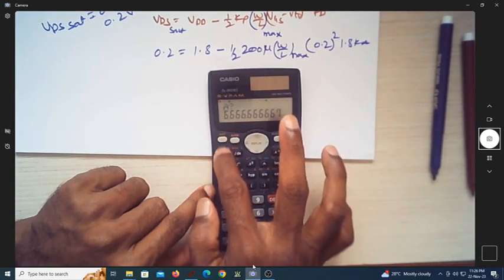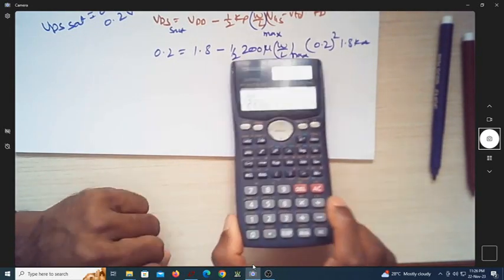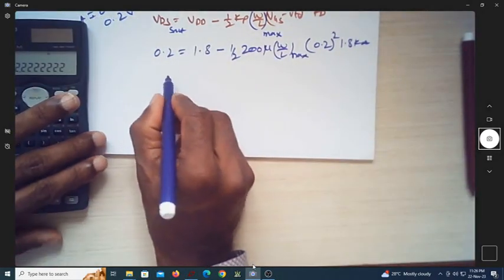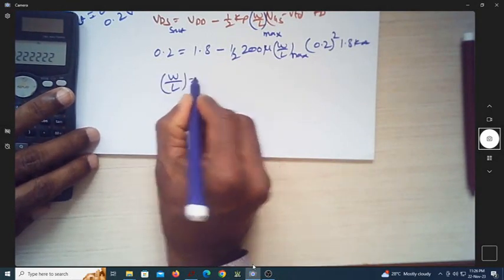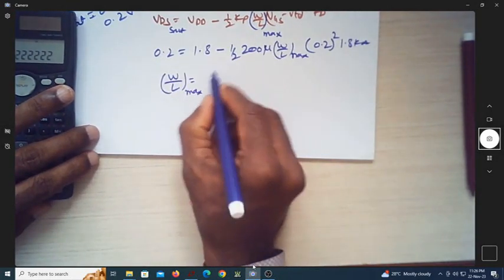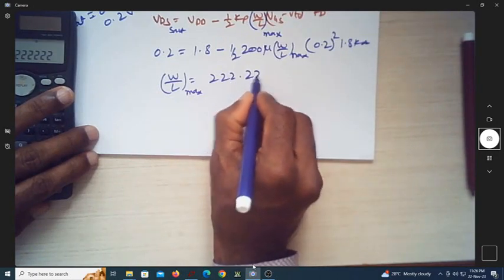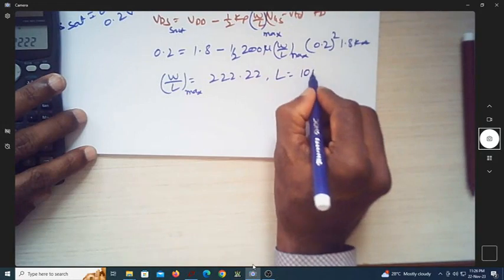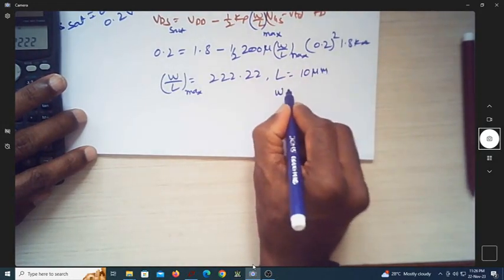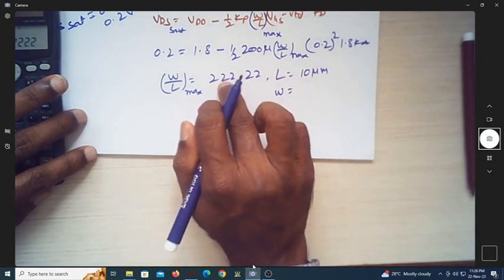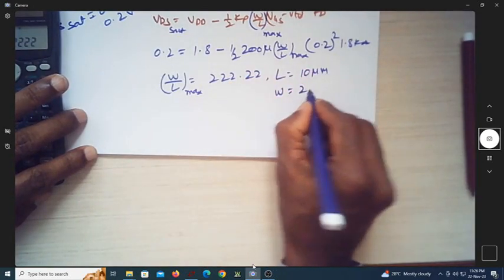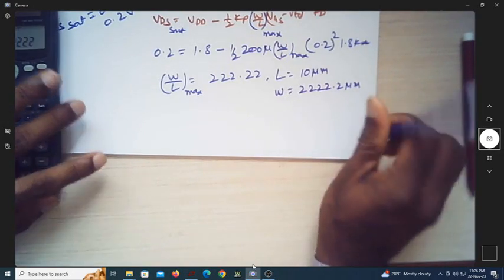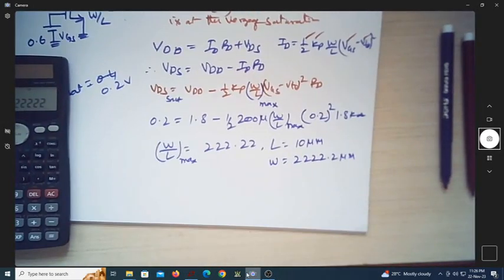On calculating, I got the value of W by L as 222.22. So W by L max is 222.22. If the length is 10 micrometer, then the width should be 222.22 times this, which becomes 2222 micrometer.